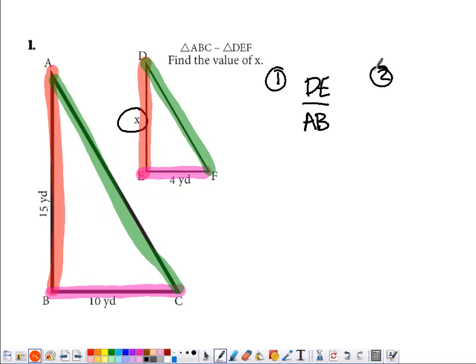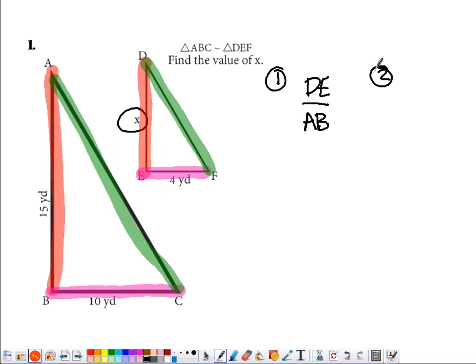So, do I know the length of both of these? No. A and C. Do I know the length of B, C, and E, F? Yes, so that's what we're gonna use.